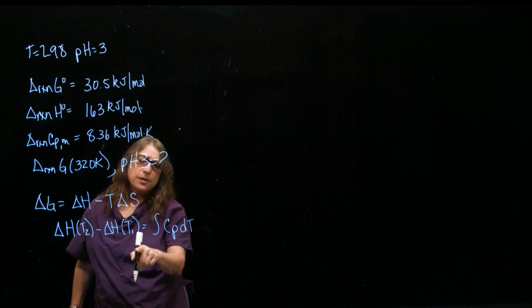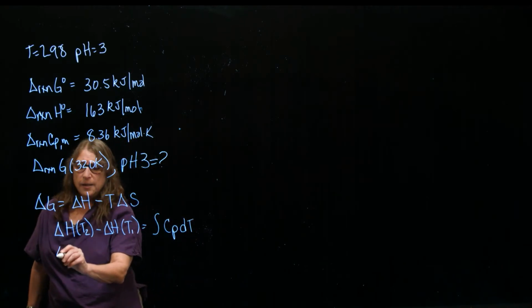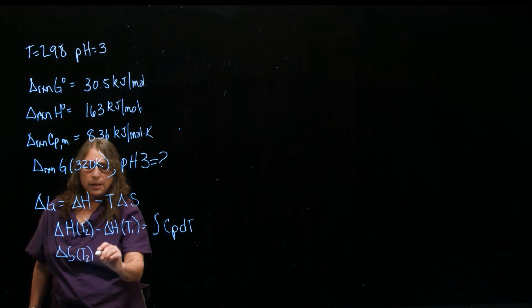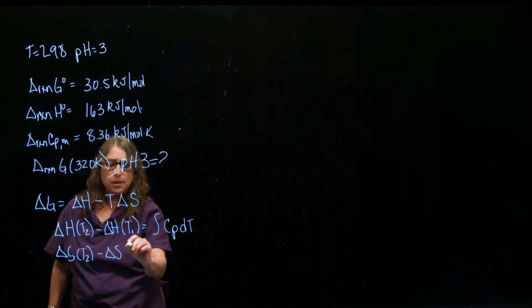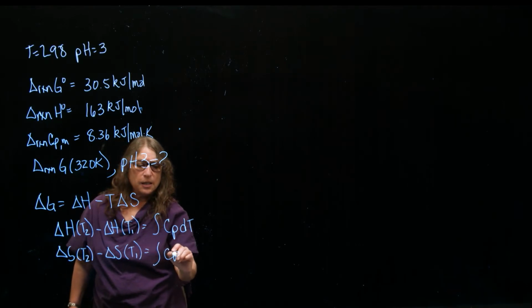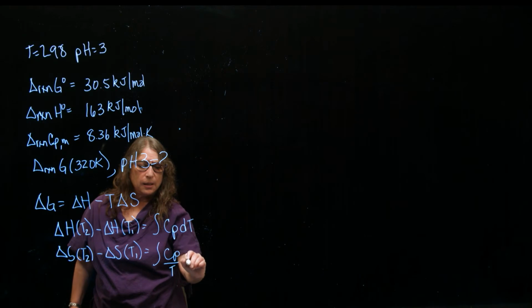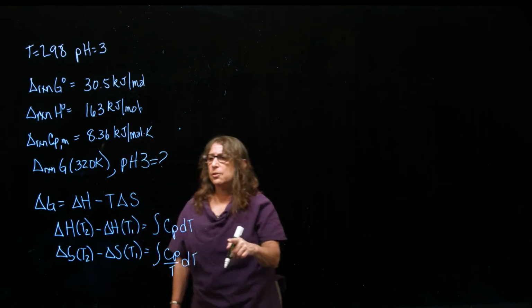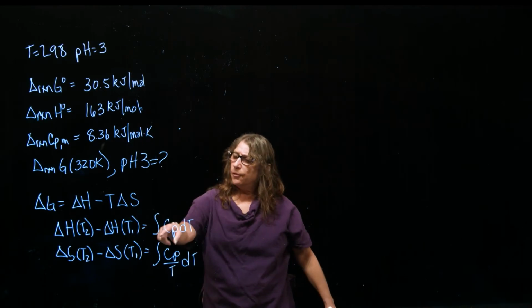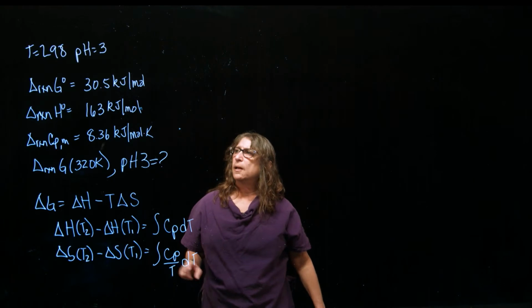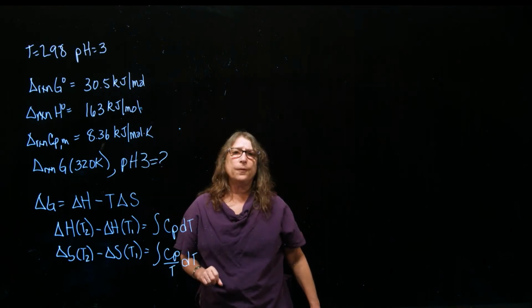And we've solved this already. And the same is true for the entropy: the difference in the entropy between T1 and T2 is the integral of Cp divided by T dT. And we know how to do these two integrals. So if we could figure out what the new enthalpy and the new entropy are, then we should be able to figure out what the Gibbs energy is at a new temperature.